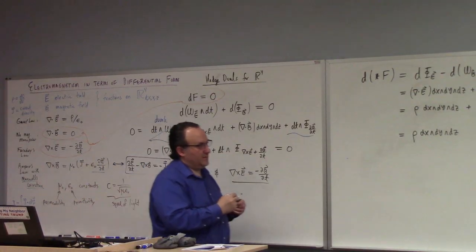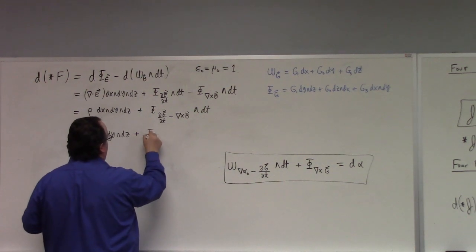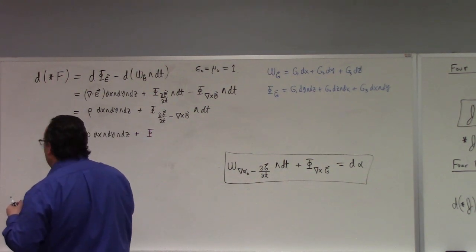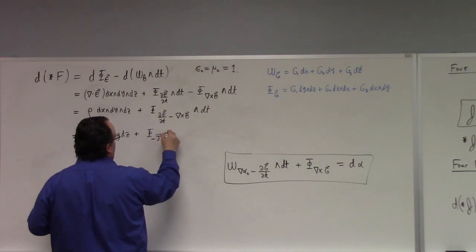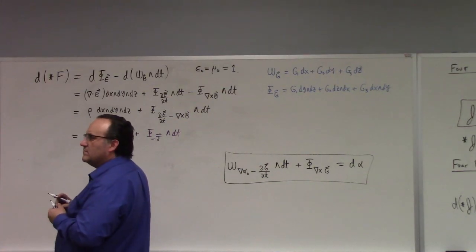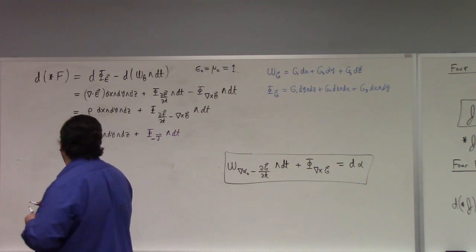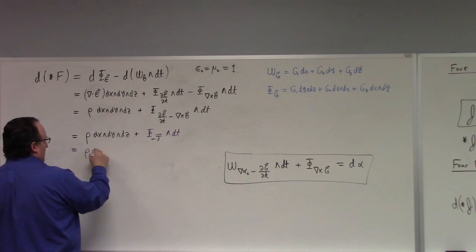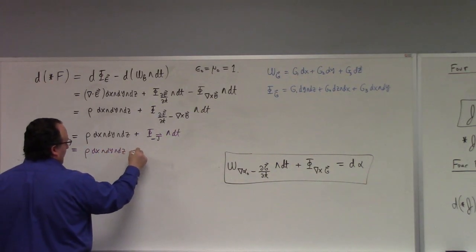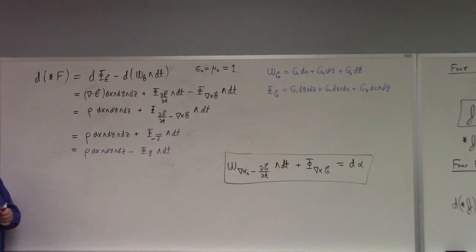So I can use that over here, plus phi of minus J, wedge dt. Pull the minus out. Right? And that, my friends, is the Hodge dual of the current one form.